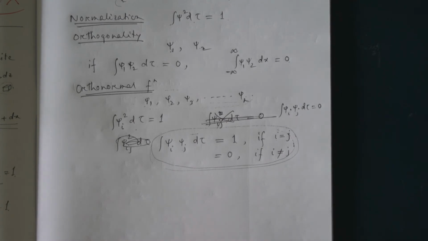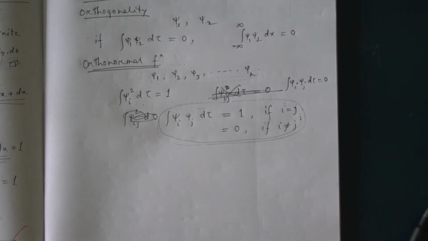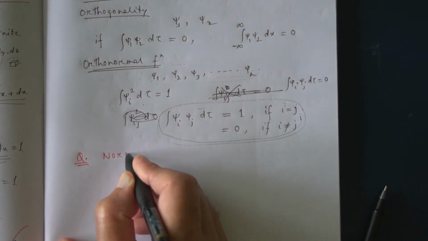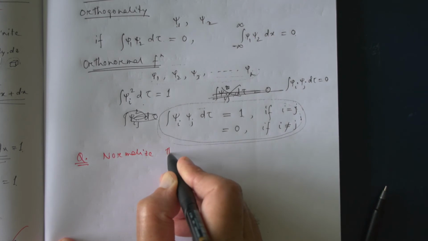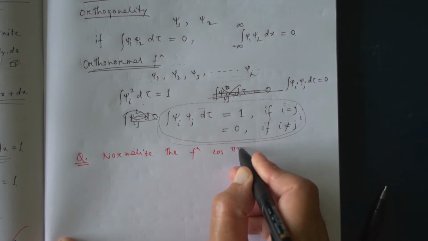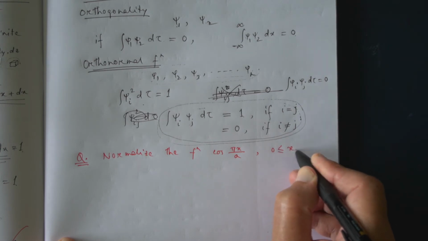Now let us see one or two examples. Suppose you have been given this question: normalize the function cos pi x by a within the range 0 less than x less than a.